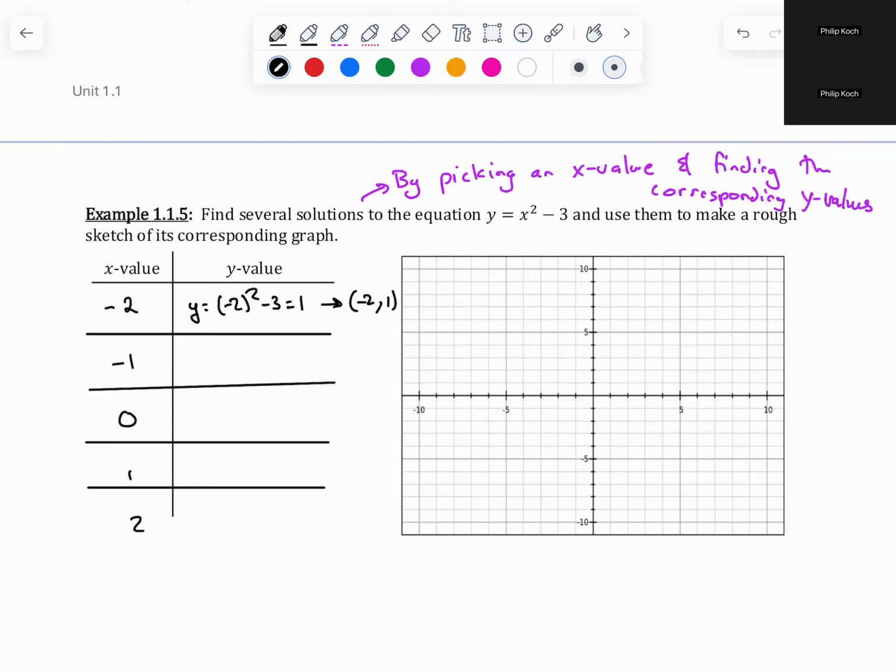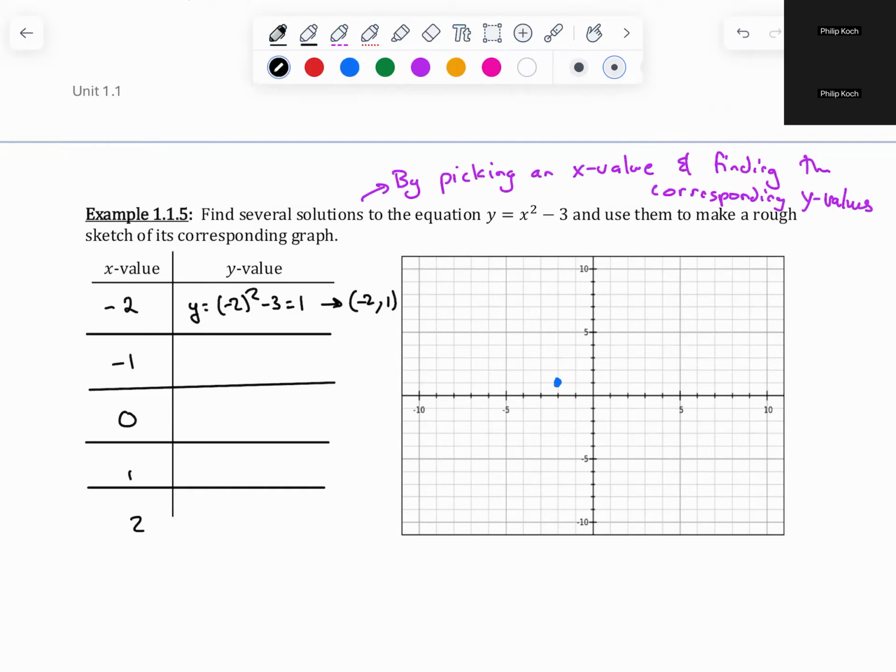When we plugged in -2 for x, you could solve for y. Y is already solved for, so there's no need to take square roots or bring anything over. But either way, you get y equals 1. So we have the point -2, 1. We can plot that on the graphing grid. So -2, 1, that's right there.